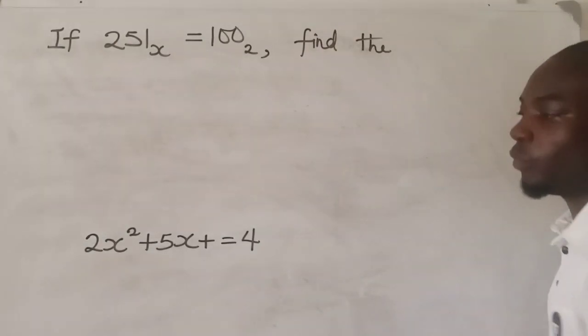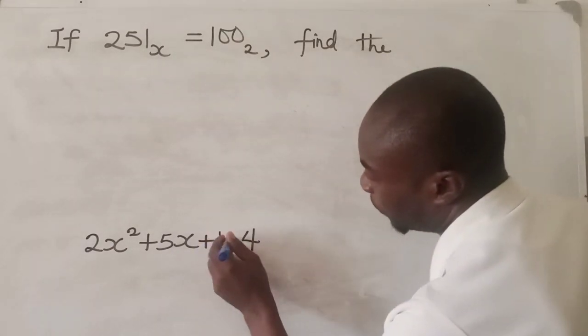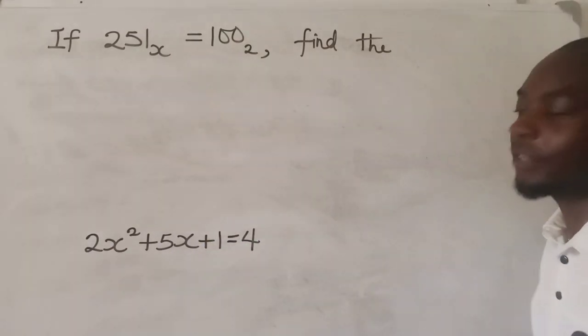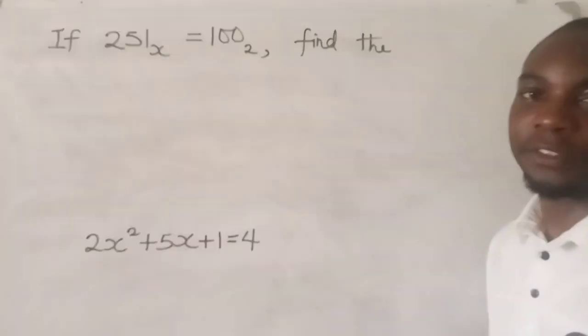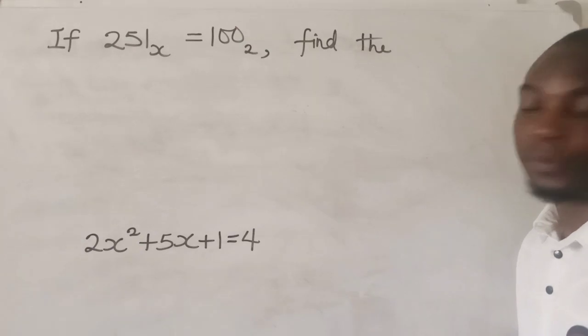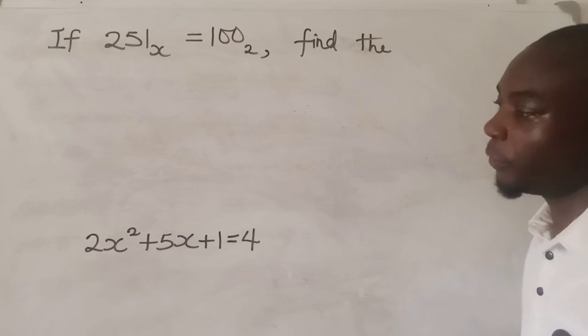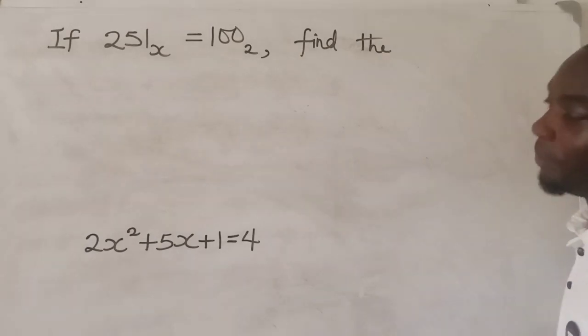The next thing we're going to do is to collect like terms. Oh, I forgot to add our 1 here. So we're going to collect like terms. This is already a quadratic equation, which makes our work very easy. We'll either factorize, use the quadratic formula, or use the completing the square method.